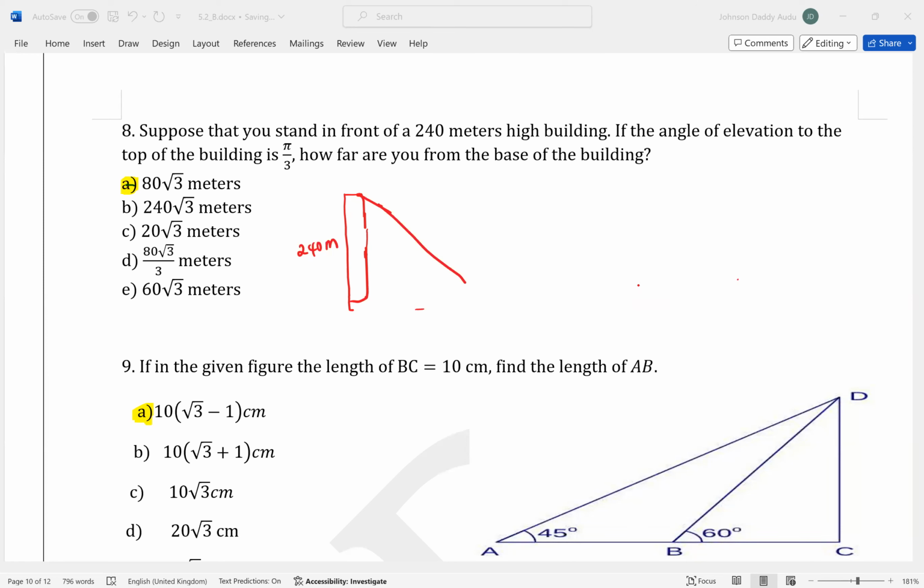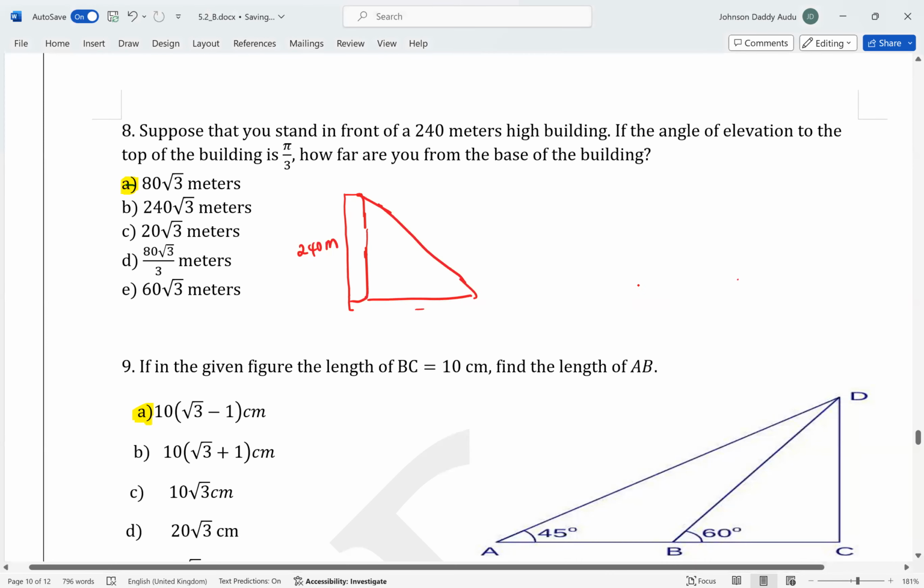So here we will have the angle of elevation is pi over 3. So we want to find this distance, the distance between the standing position and the building.